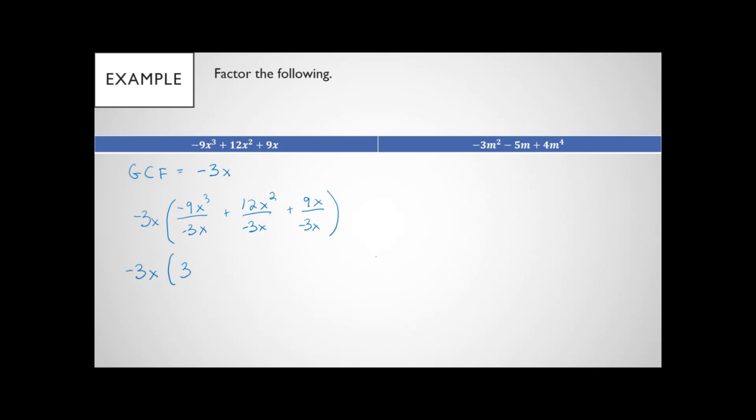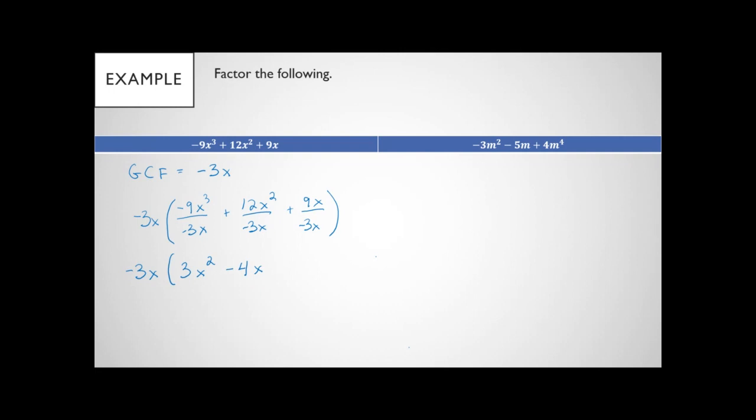And then we're using our rules of exponents. We are subtracting. So all the x's are just removing an x. So the x cubed means I have 3 x's, so I'm going to have 2 left over. So that's going to be an x squared. That's the same as doing 3 minus 1, and you get an exponent of 2. The middle term, 12 divided by negative 3, is negative 4. And then I have x squared over x, so that's going to leave me another x, since 2 x's are on the top.